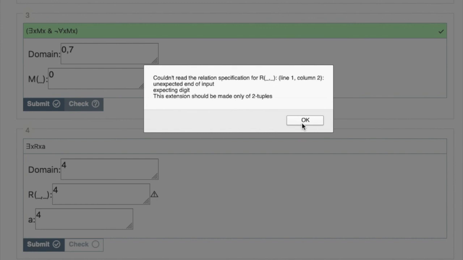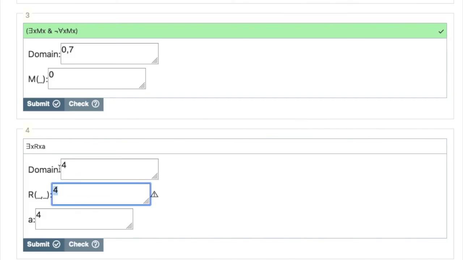It accepts only tuples. Where it says tuples, that means pairs. Carnap is reminding us we need a pair here. So let's put in the pair 4, 4. So 4, 4 is in the extension of R.